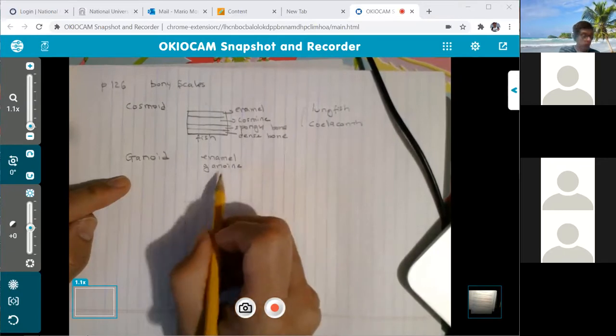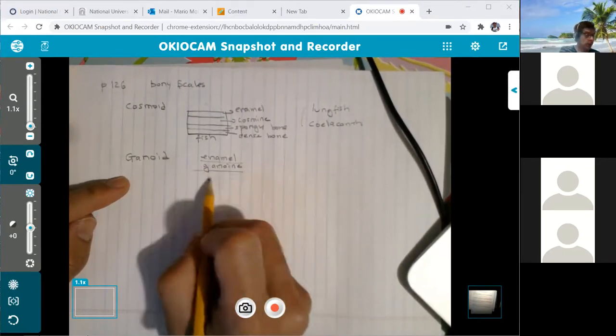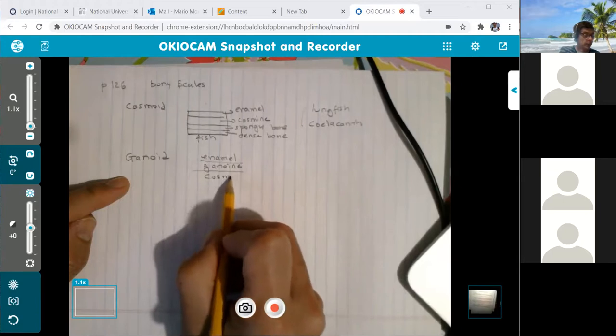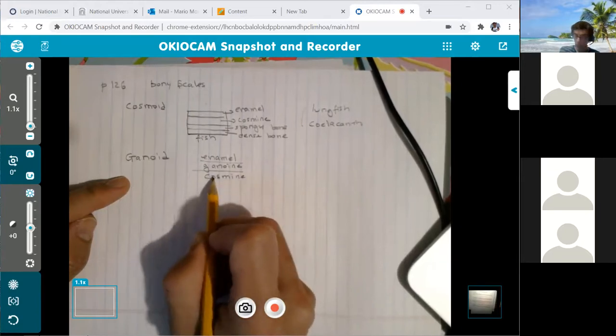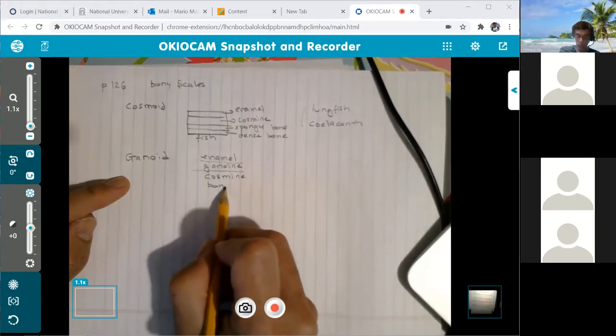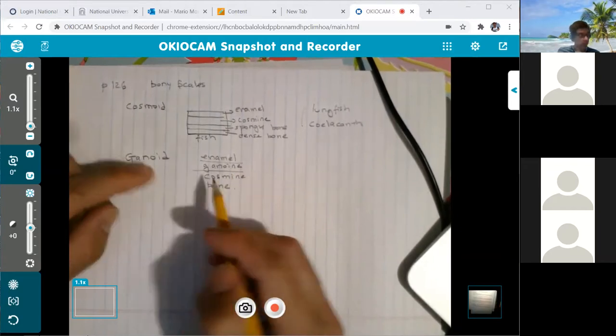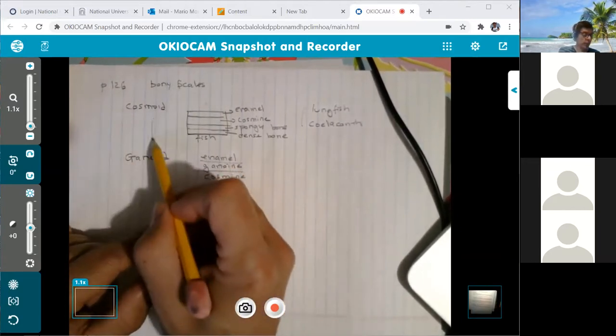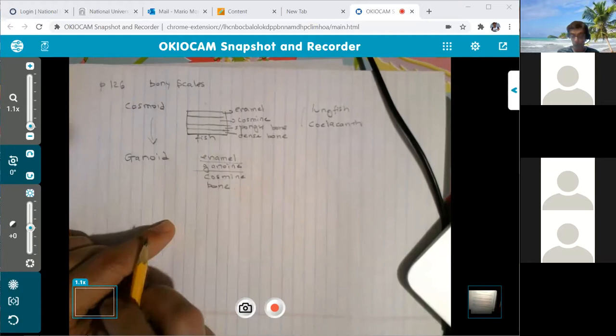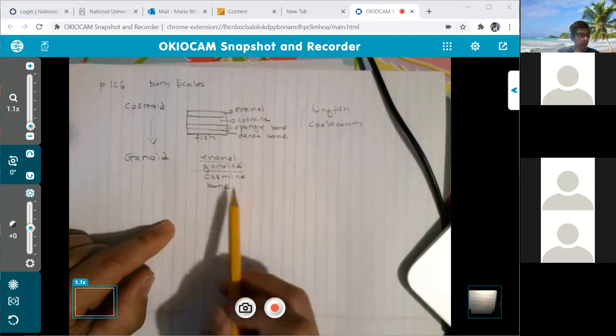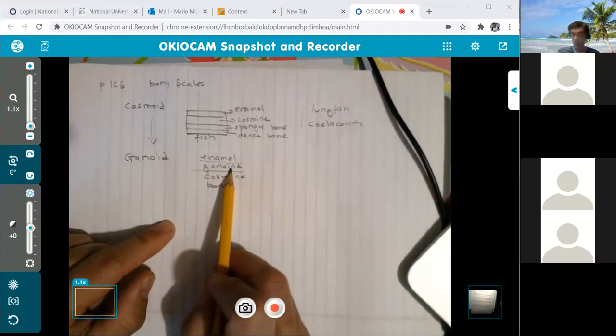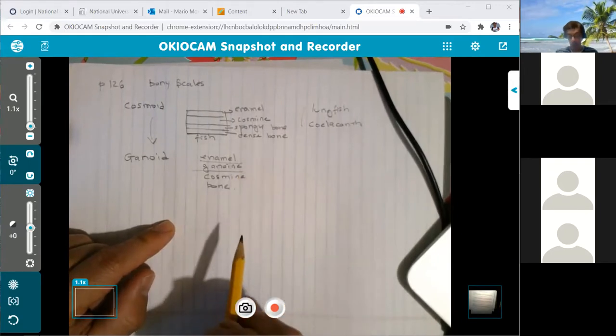Right there, then you have the cosmine, and then you have the bone. So this is derived from that. And this is just, you think of guanine, just a different compound that's there.